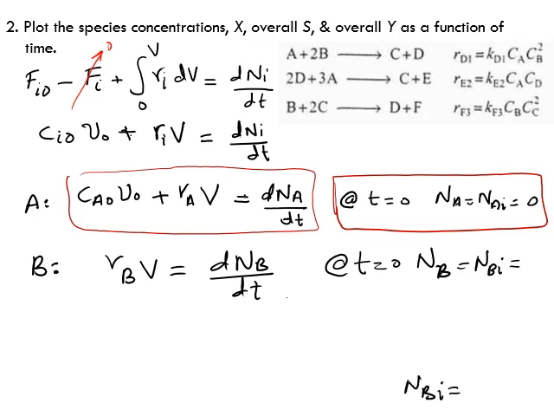NBI equals CBI, which is pure B, times VI, which was 40 liters. CBI is 2 moles per liter, so 2 times 40 will be 80 moles. Let's frame it.